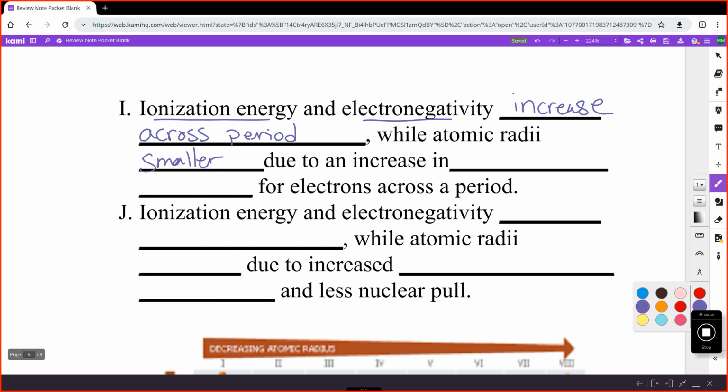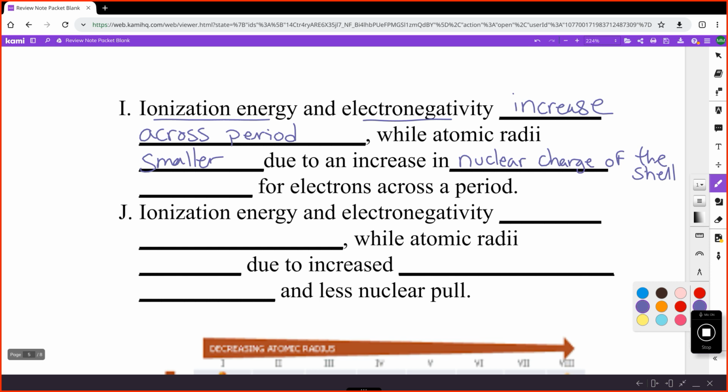This is because as you go across a period, the nuclear charge of the electron shell is increasing. It's a stronger nuclear attraction within the same shell of the nucleus.